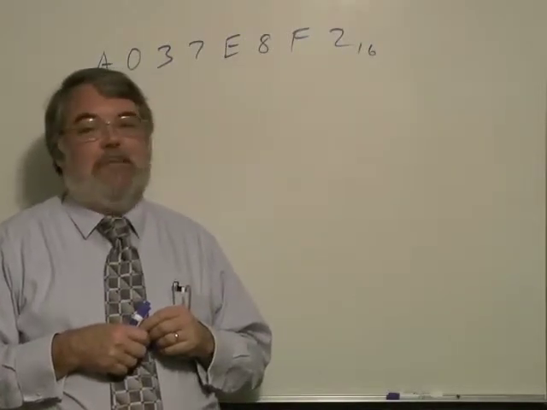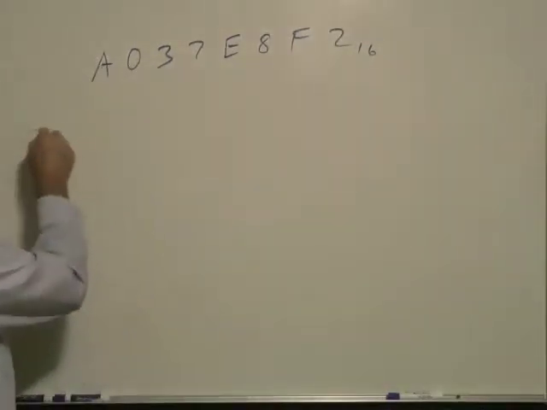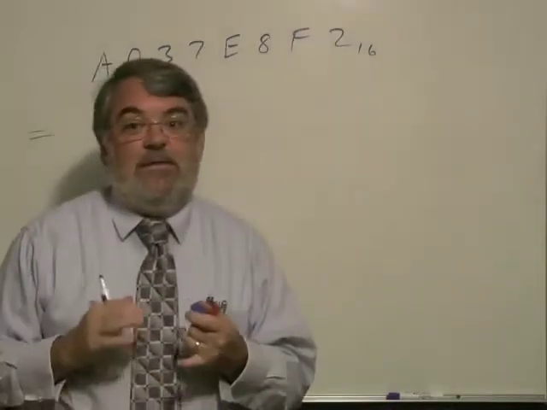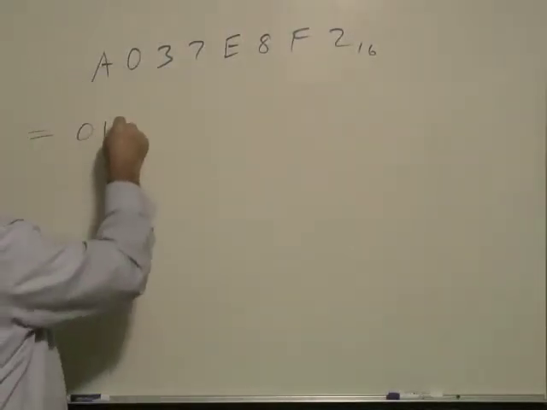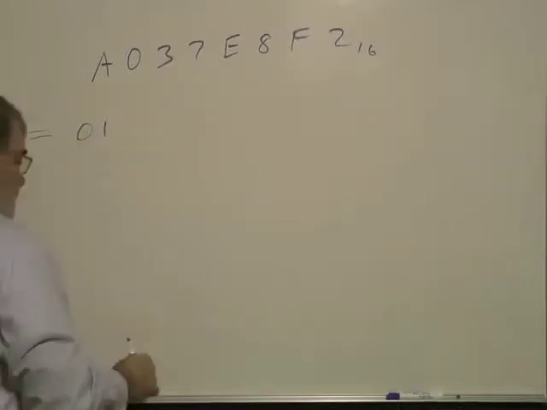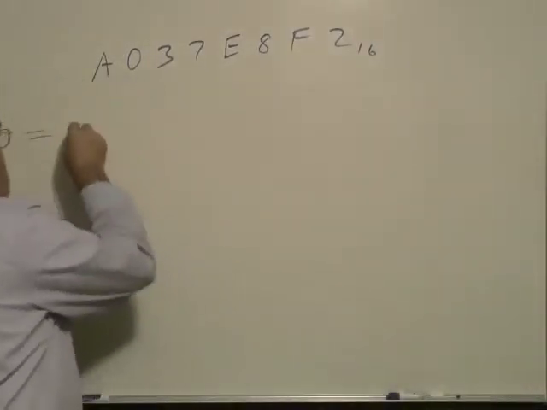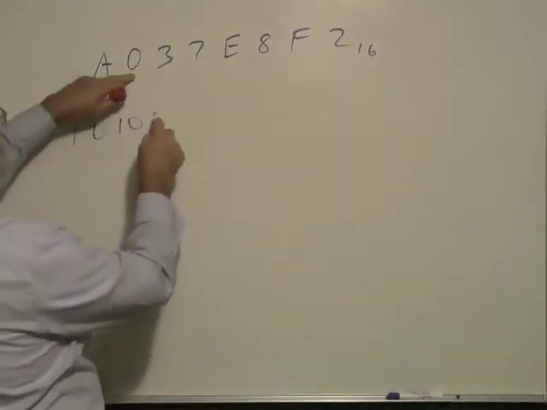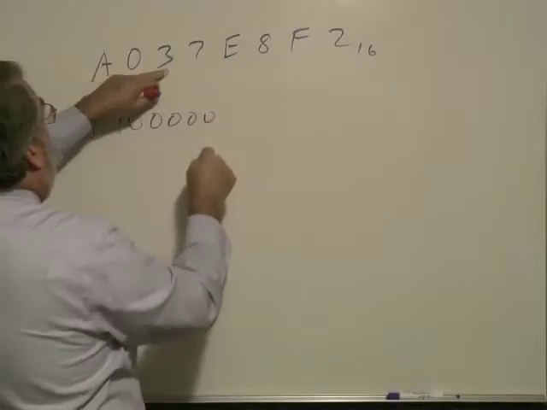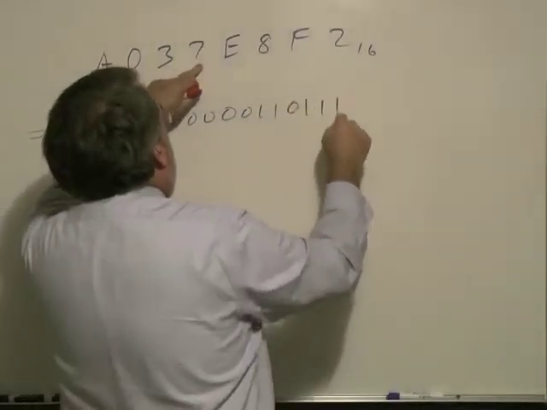All right, so I'm going to do binary first, and so A is 10. 10 will be 0, 1, 1, 0, 1, 0, 1, 0, that's 10. And then 0 will be 4 zeros. 3 is 0, 0, 1, 1. 7 is 0, 1, 1, 1.